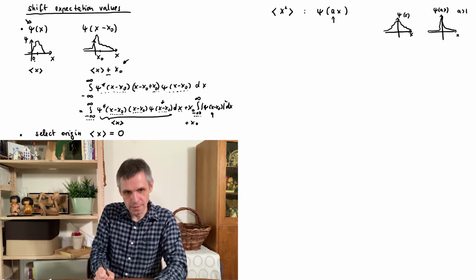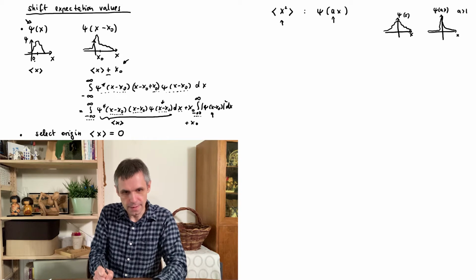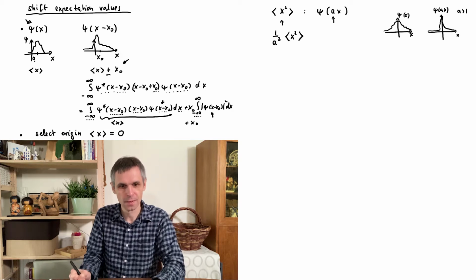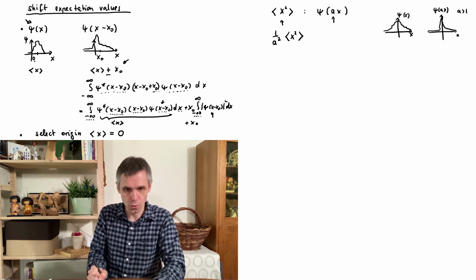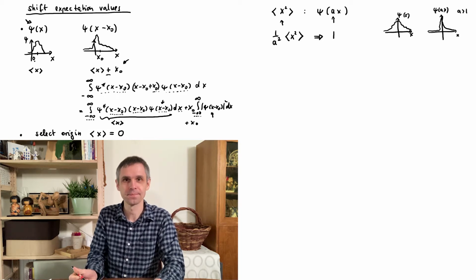And this should clearly affect such expectation values. And indeed, we see that they'll simply become multiplied by a factor 1 over a squared. So this could be used to use some units of position so that this expectation value indeed becomes 1.